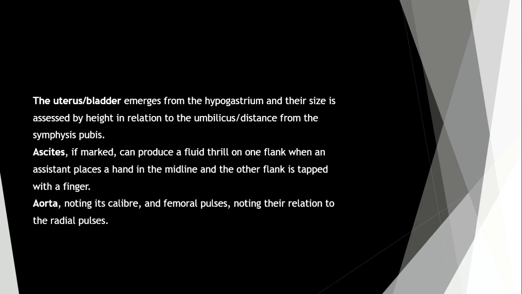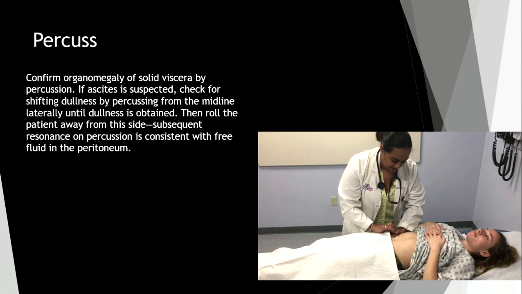Ascites, if marked, can produce a fluid thrill on one flank when an assistant places a hand in the midline and the other flank is tapped with a finger. Aorta. Note its caliber, and femoral pulses, noting their relation to the radial pulses.